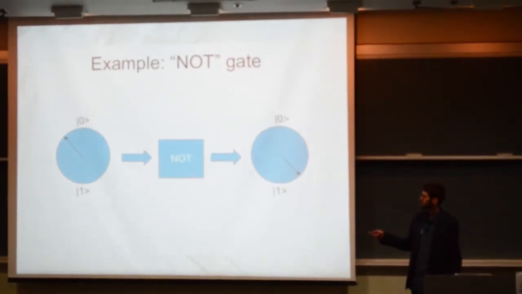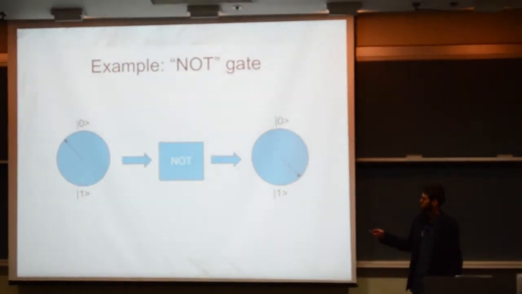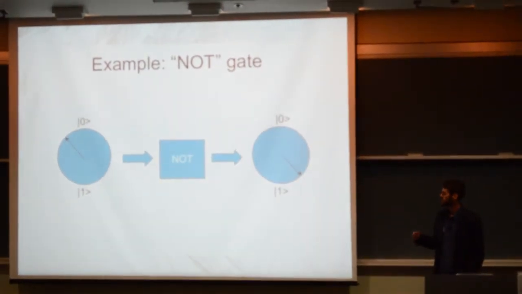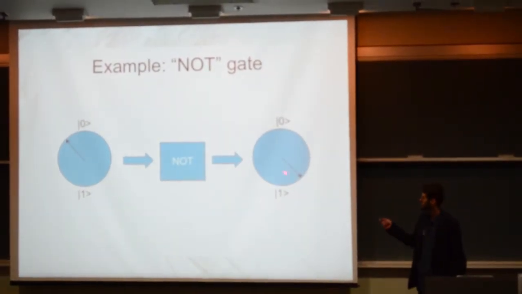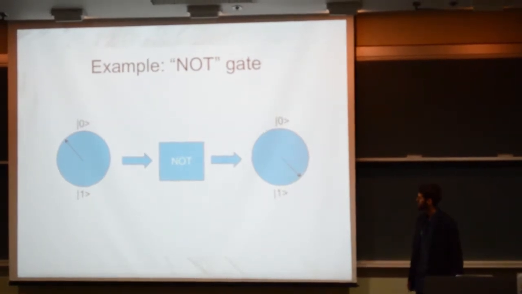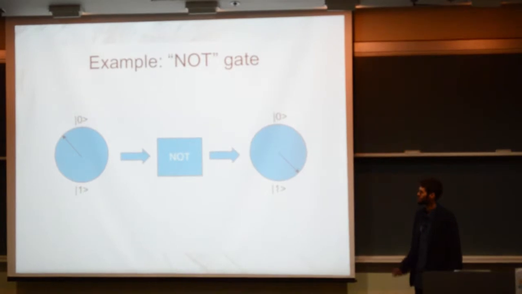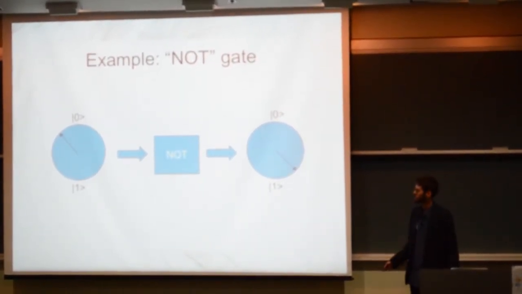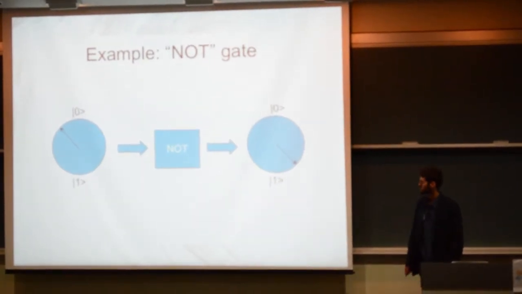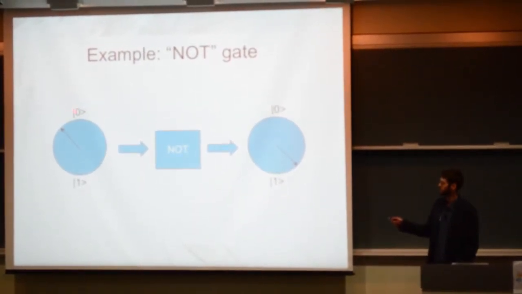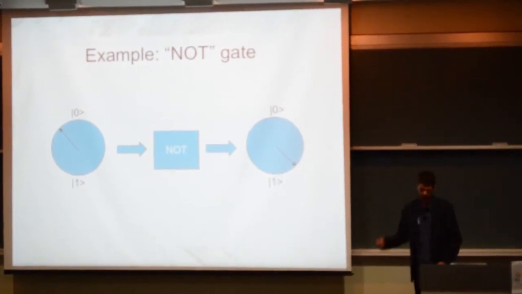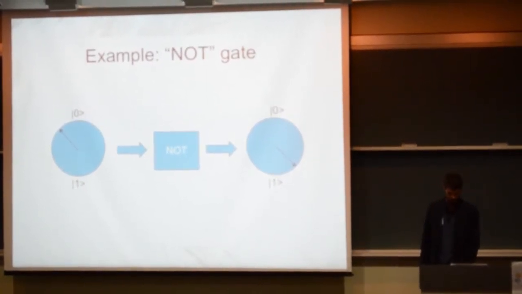So if you're given this superposition state, it will simultaneously flip the 0 state and 1 state, so it ends up in this superposition. Fortunately, my graphics aren't three-dimensional, but in this case, the x-axis is pointing directly at you. And so essentially, a NOT gate is flipping the arrow 180 degrees around the x-axis.